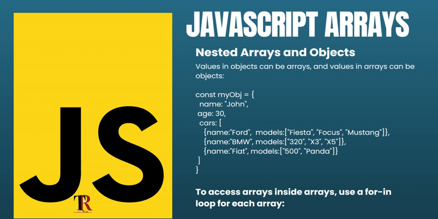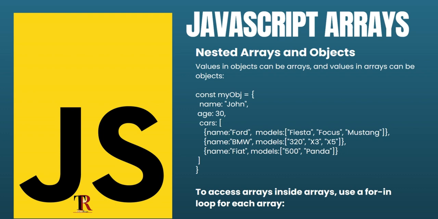Then we have the age, and inside that same object there's an array of cars that contains objects that classify cars based on name and model. There are three objects inside the same array of cars, and the array of cars is inside the object myObject itself. That is what is meant by values in objects can be arrays and values in arrays can be objects.